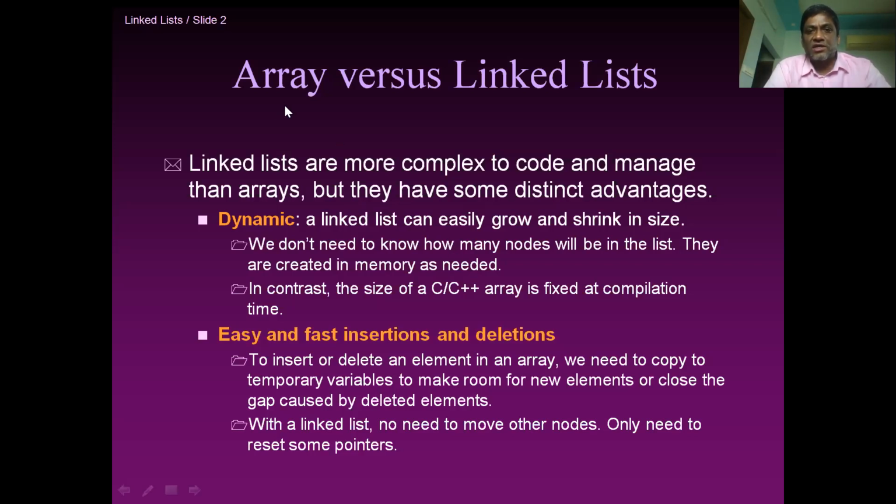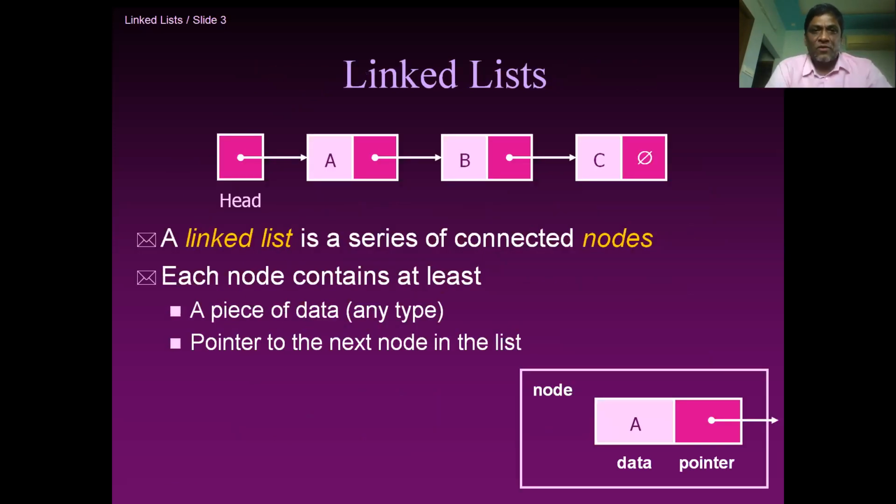Array has that advantage. Okay, now let us have a look at how a linked list actually looks like. So these are the elements. Let us say A is an element, B is an element, C is an element. If you look at this structure, A is the first element.